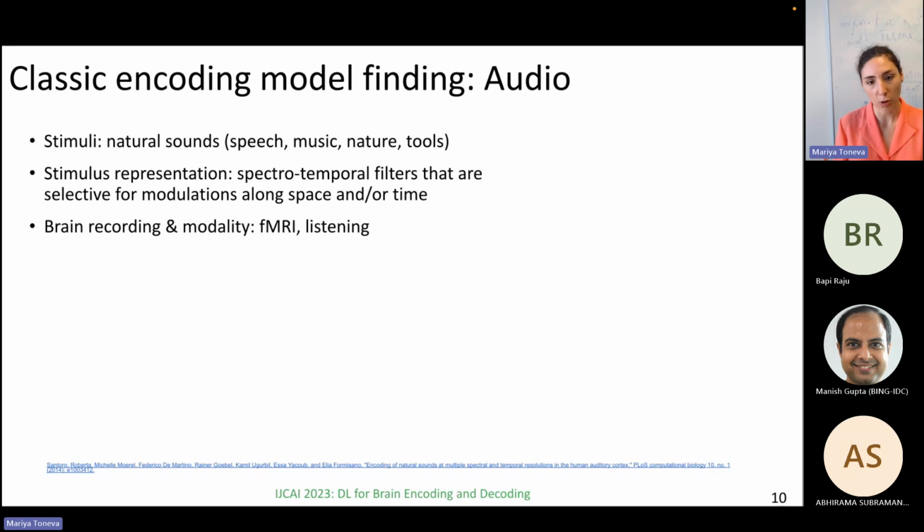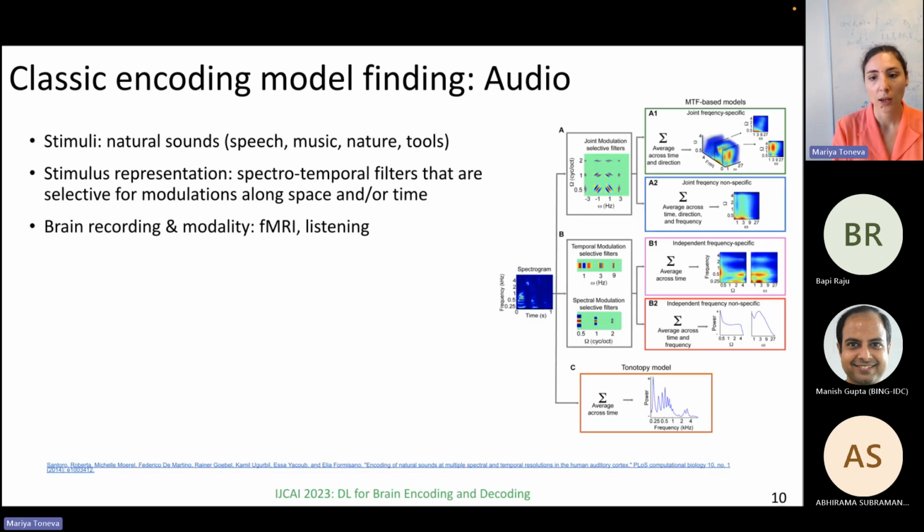So they used spectrotemporal filters that are selective for modulations along this space and time continuum. Here I just have a diagram of a few different conditions that they used to train the encoding models with these different spectrotemporal features.